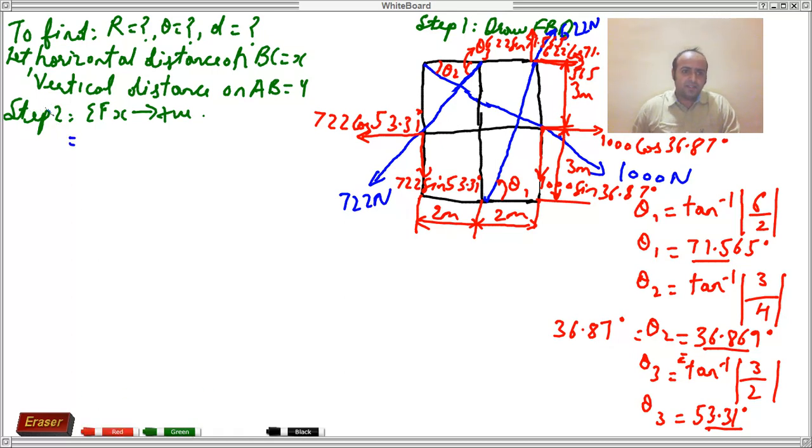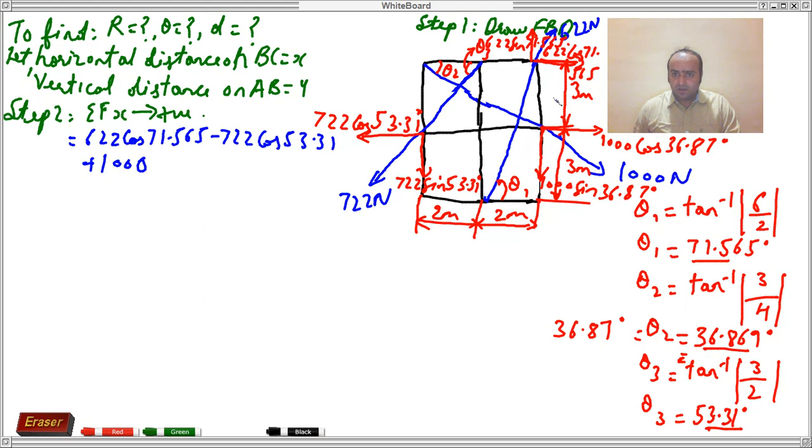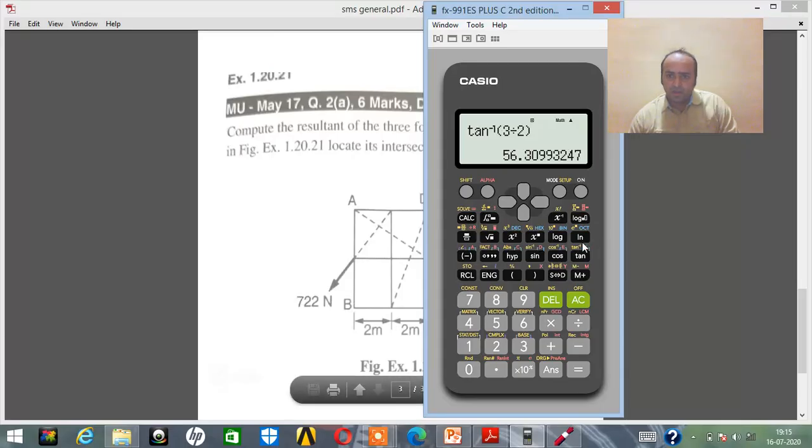Summation Fx is equal to, now I will be mentioning it as 622 cos of 71.565 minus 722 cos of 53.31 plus 1000, this is the third component towards right, plus 1000 cos of 36.87 is equal to, let us go for the calculation over here.